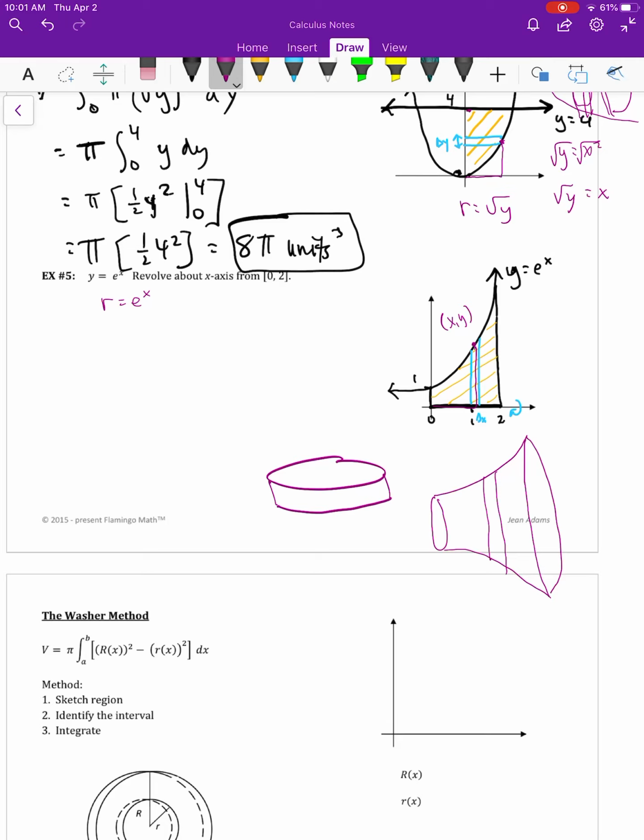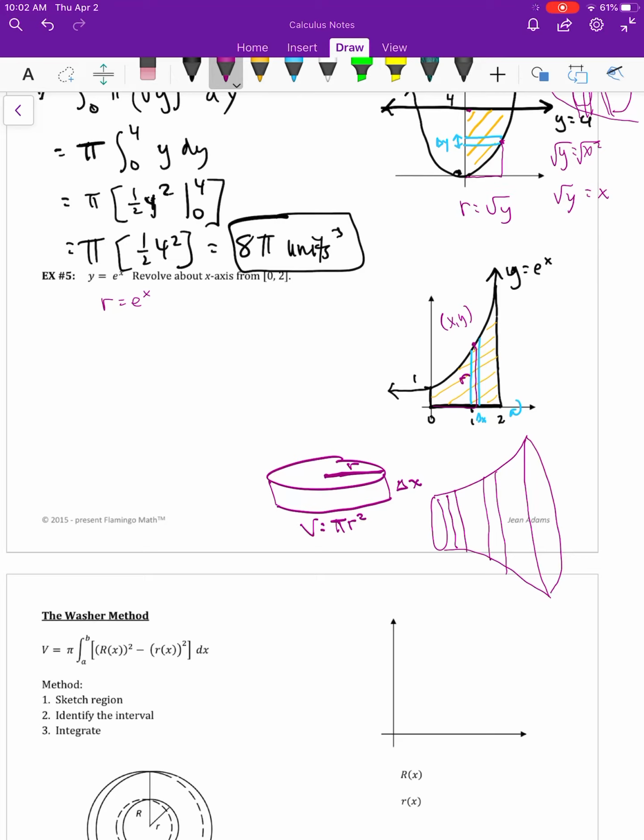I just sliced it, and I'm using that one little sample cylinder, and this was my R, and this is my R. So I use that sample cylinder, this is my delta x, and I'm finding the volume of that, and then when we integrate, we're going to be adding up infinitely many of these. Some of them are going to be smaller down here. Some of them are going to be bigger down here, but the integration takes care of it for us.